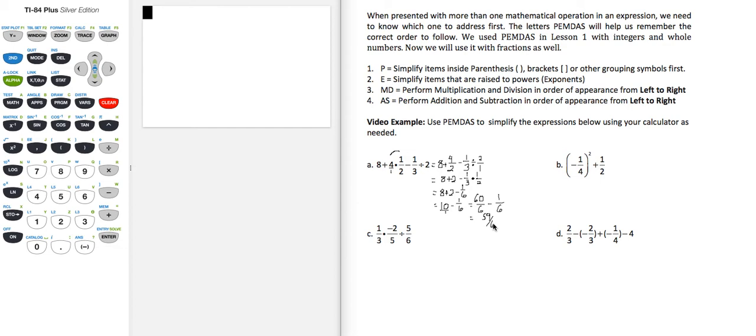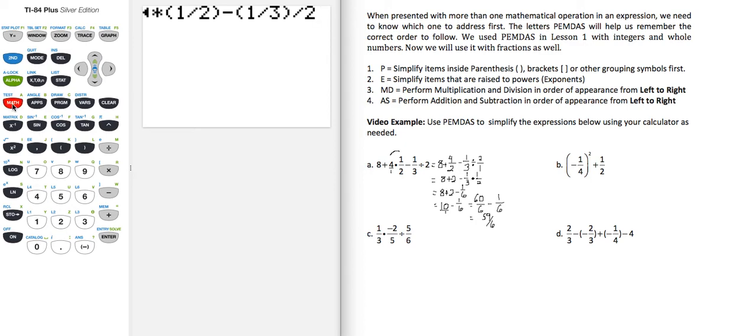Let's double check this on our calculator. We're going to have to be really careful with the operations and with parentheses. So I'm going to start with 8 plus 4 times, and I'm going to put the 1/2 in parentheses just to be sure my calculator understands which numbers to combine as fractions, minus, and then parentheses 1/3 divided by, and I don't need to put the 2 in parentheses.